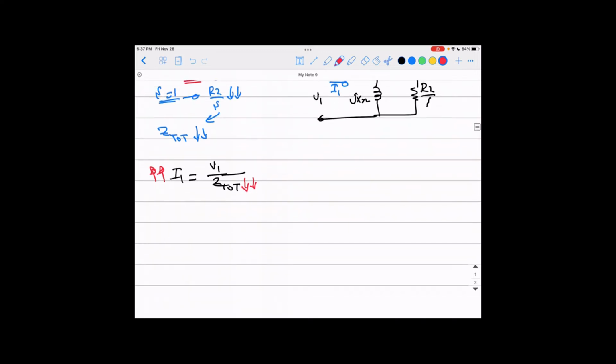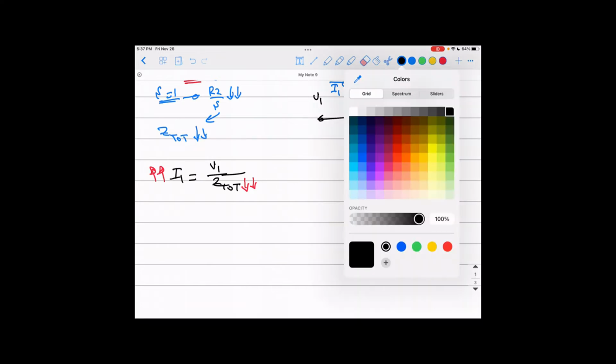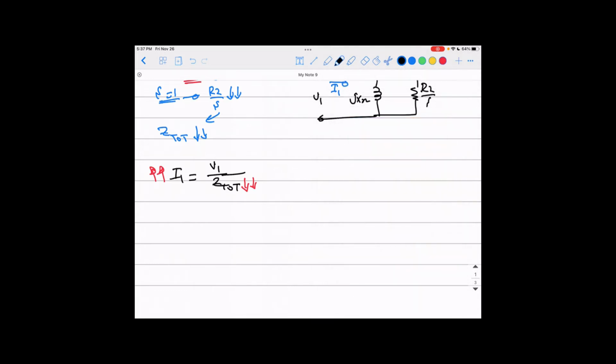How can we do this? It looks simple. You have the equation of the motor current, which I'm going to write much bigger here: I1 equals V1 divided by Z total. If you want to reduce this current, you have two options.